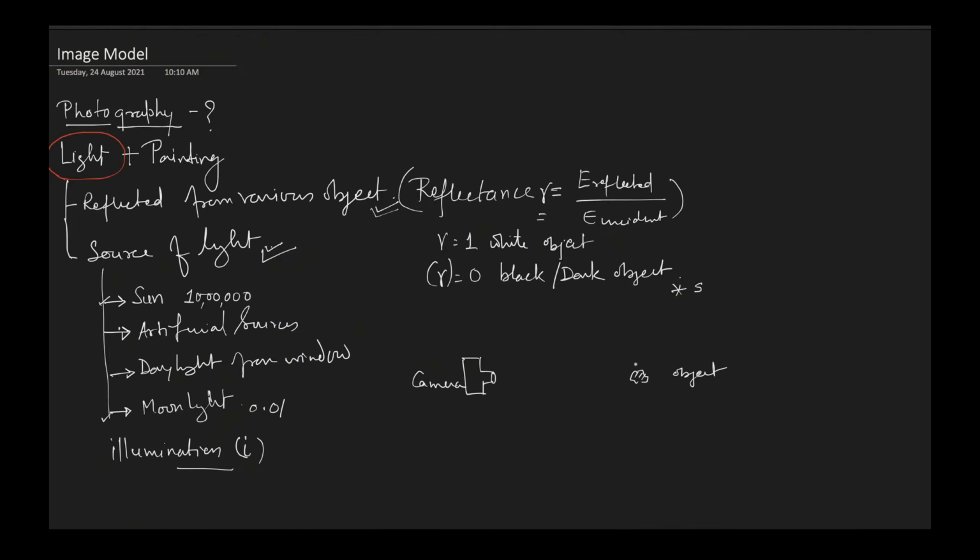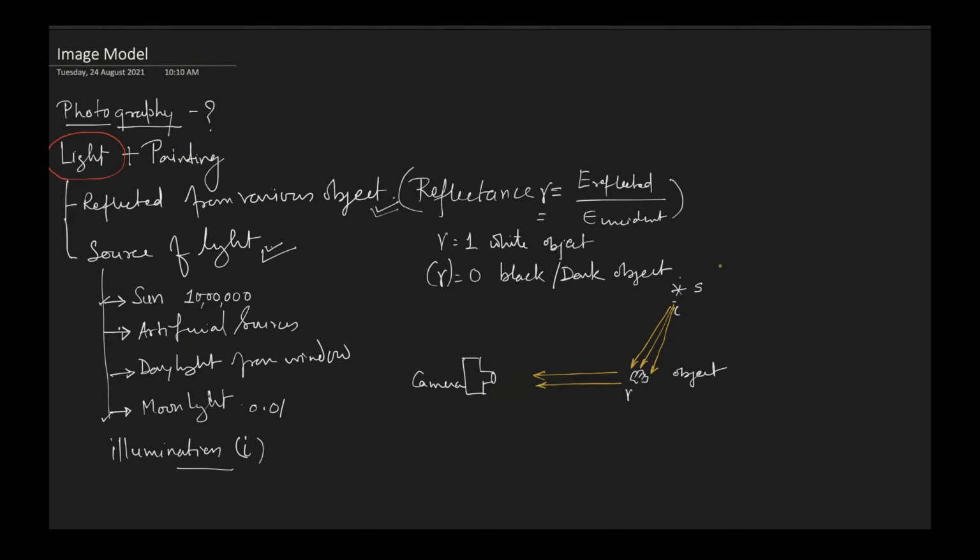The source of light has an illumination I and this object has a reflectance R. So the light will come from the source onto the object and then reflected from the object to the camera.